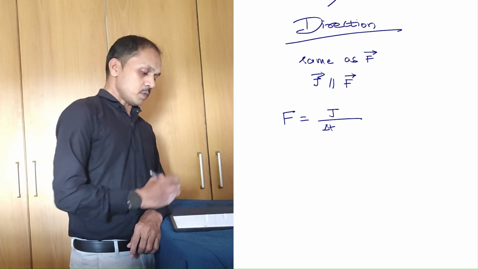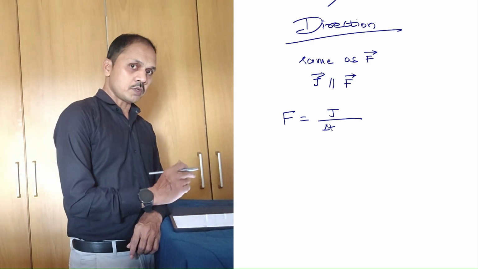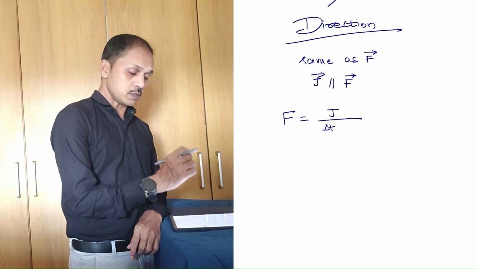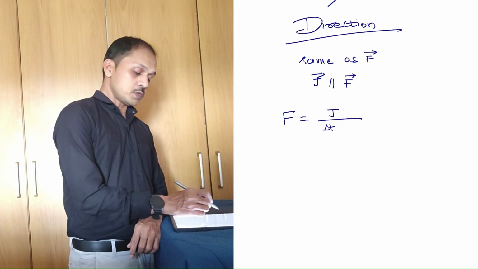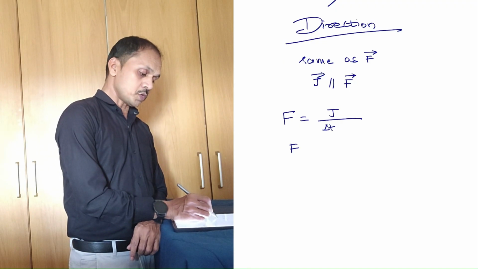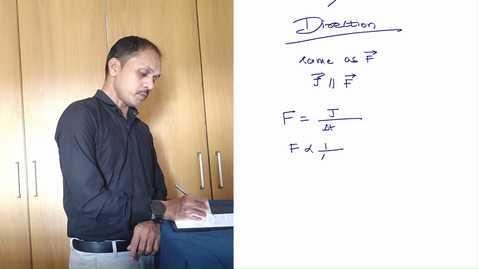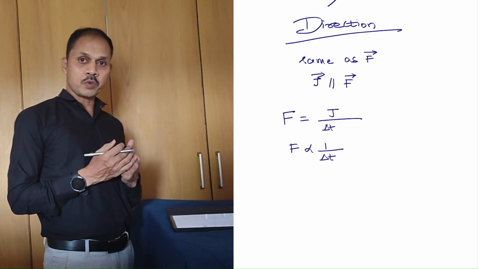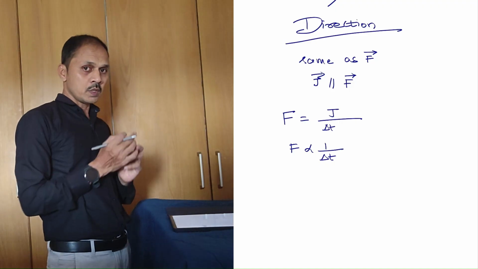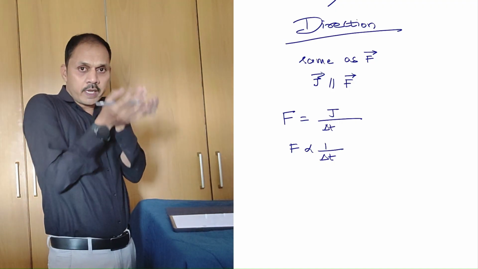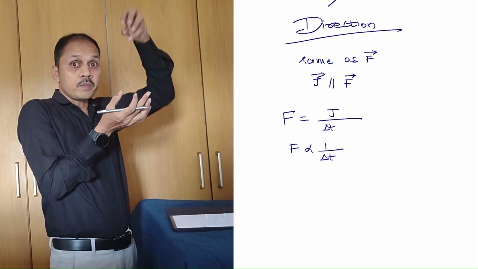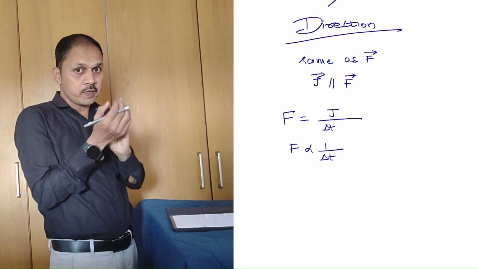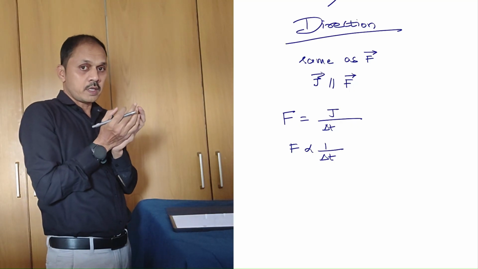Now, what can we say from this? When the impulse remains constant, the force is inversely proportional to the time interval. Let us take the example of catching a ball. When the ball falls on the hand, the momentum of the ball is transferred to the hand. We are experiencing a force, right?